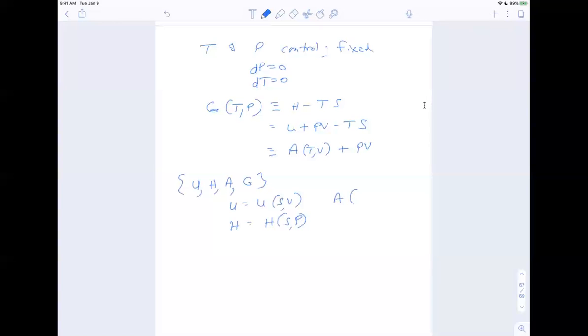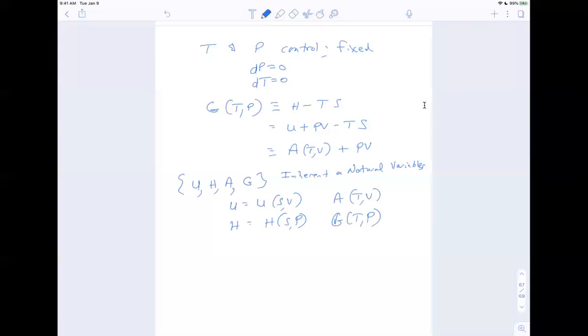A is a function of temperature and volume, and G is a function of temperature and pressure. Okay, so these are the inherent or natural variables or natural functions that these overarching thermodynamic potentials U, H, A, and G depend on.